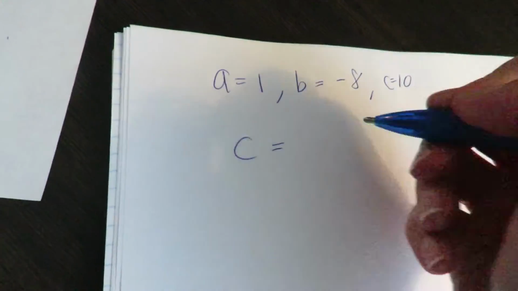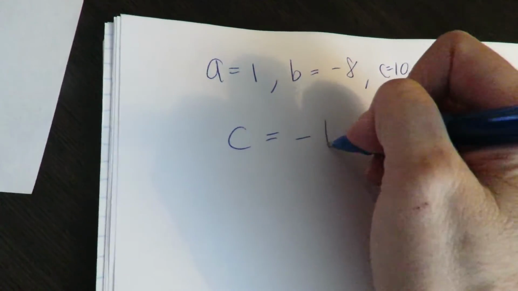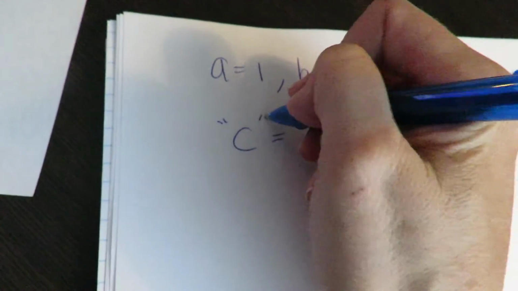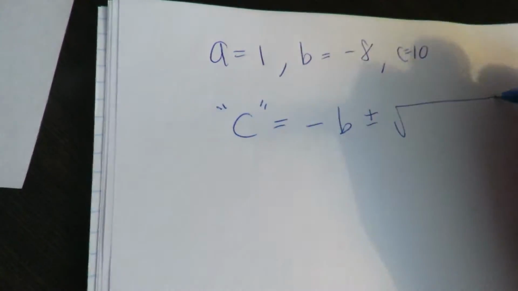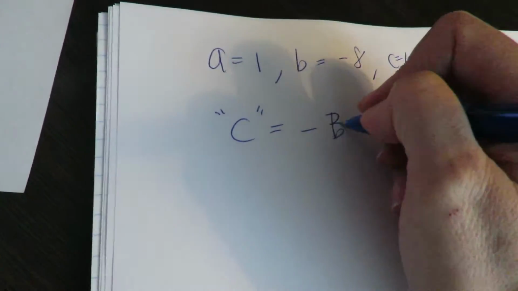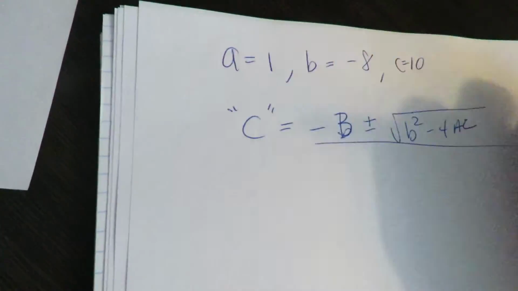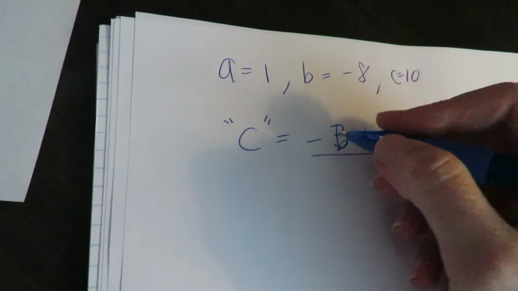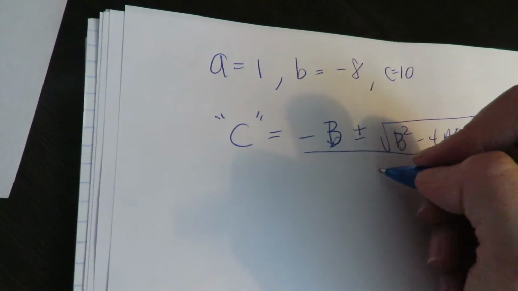All right, we're solving for a C value here. Let me just use capitals. Negative b over 2a. All right.